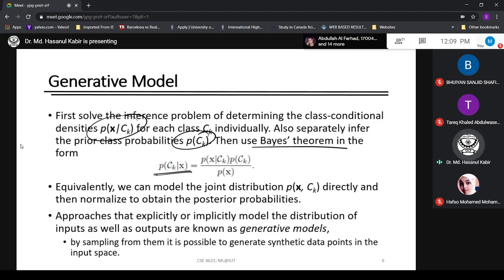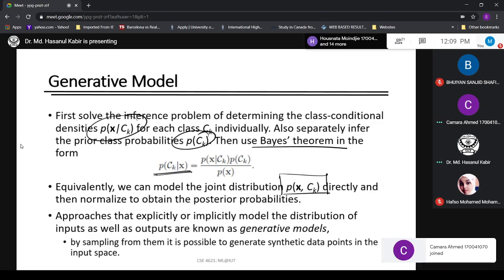So our main attention is to find this joint probability or the likelihood probability. These approaches are known as generative approaches because, since we can compute the likelihood or the joint probability distribution, we can generate more and more synthetic data from the likelihood probability values. That's why these models are known as generative models.